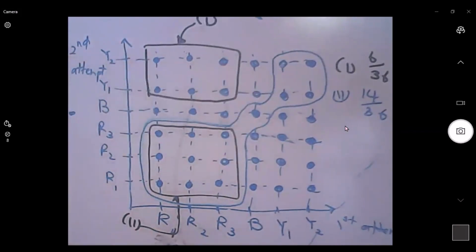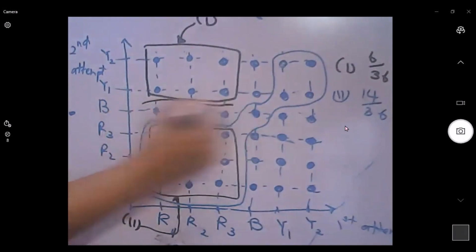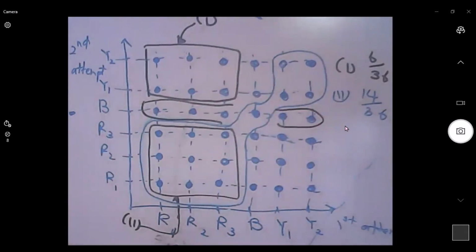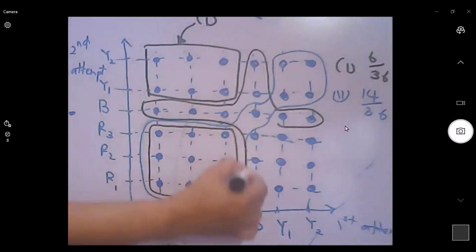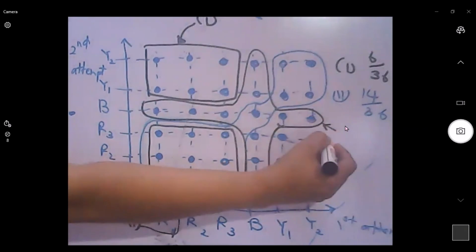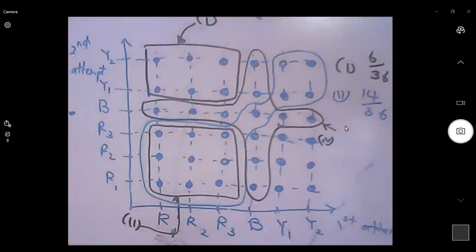Then at least one blue means this point. Here in this point, the second one is blue. When we take this vertical line, the first bead is blue. So at least one is blue.